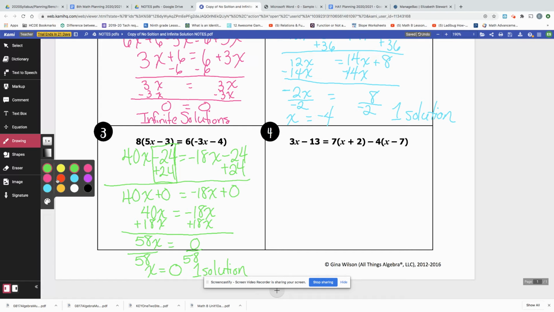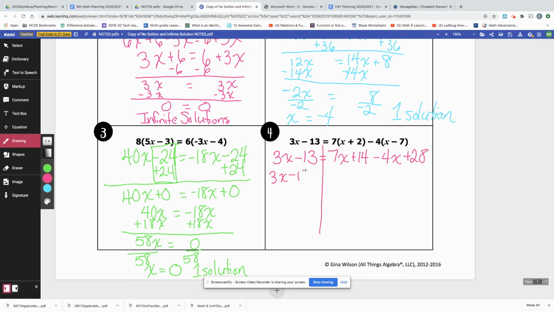Finally, last one. Combine like terms, 3x plus 42.